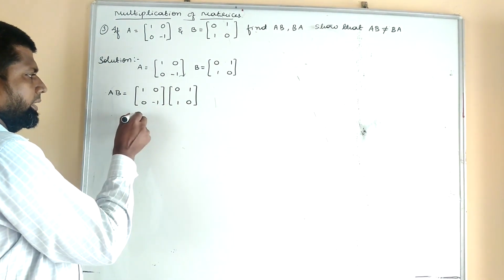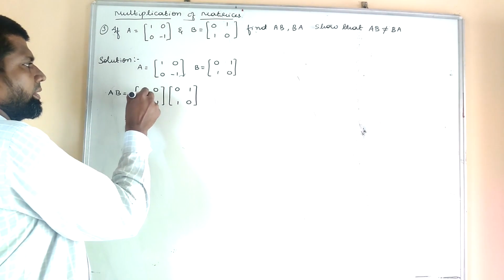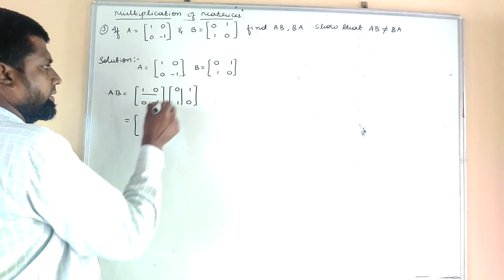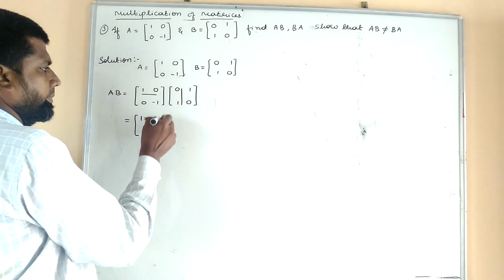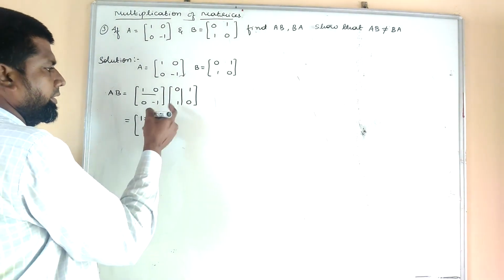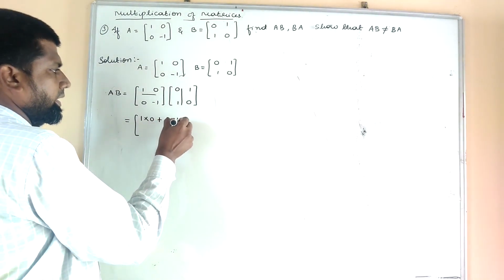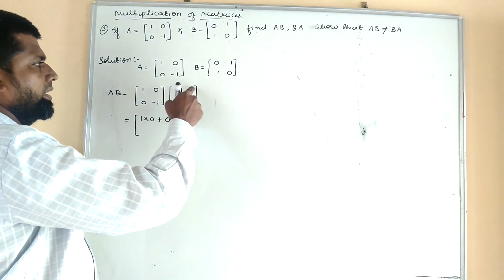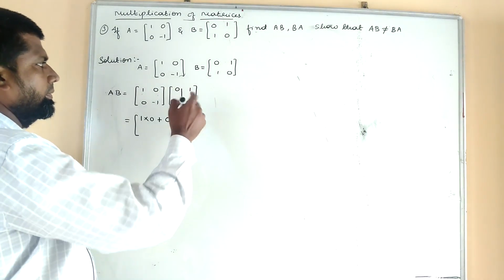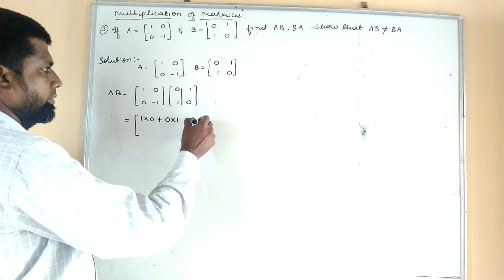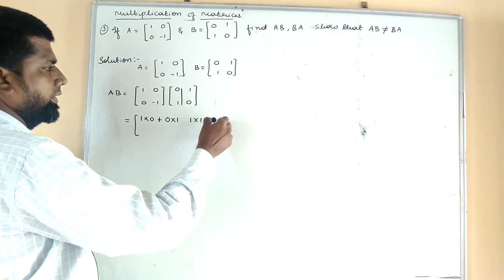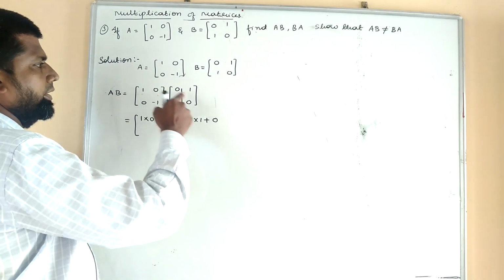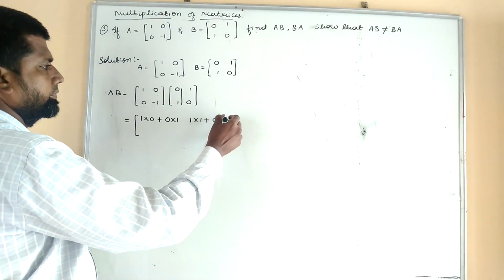So if you multiply, the first row should be multiplied with the first column. 1 into 0 plus 0 into 1. Then the first row should be multiplied with the second column. 1 into 1 plus 0 into 0.